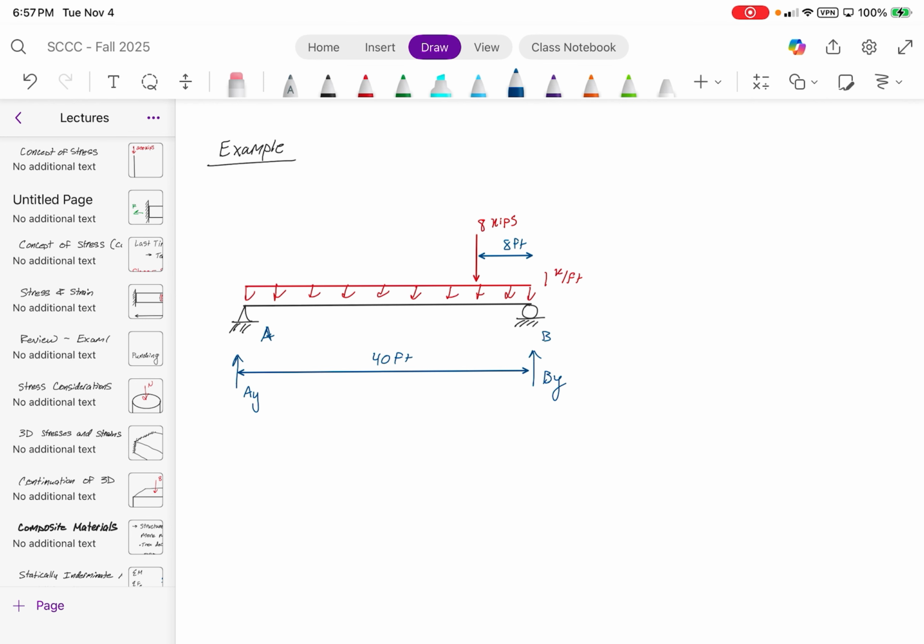If you cut a section, this is 32 feet worth, and then it drops and continues dropping down. It's following tip to tail. So you're going to have a vertical force that continually decreases, and then an immediate drop here because of this 8 kip force. After that, it continues to go down until it hits this point here, and then it shoots up to 0.